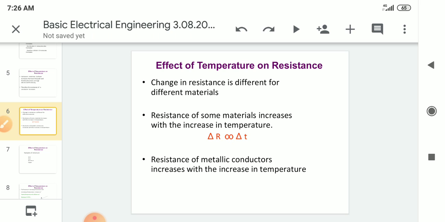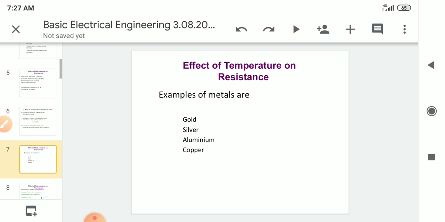Resistance of some materials increases with increase in temperature. Resistance of some materials decreases with increase in temperature. So if it increases, it is called positive temperature coefficient. If it decreases, then it is called negative temperature coefficient of resistance.